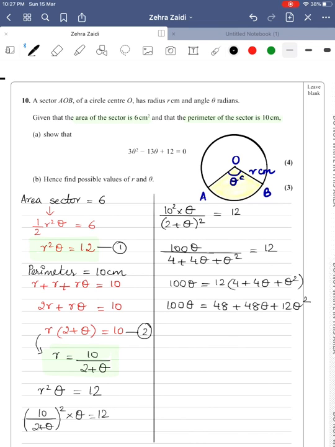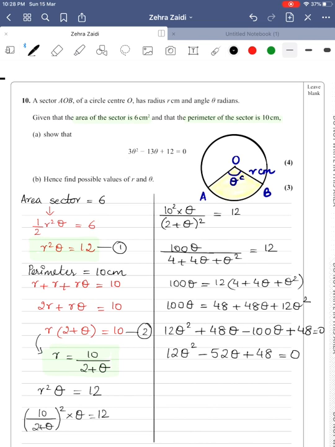We can move the 100 theta to the right hand side. So we will have 12 theta squared plus 48 theta minus 100 theta plus 48 is equal to 0. Now we have 12 theta squared minus 52 theta plus 48 is equal to 0.